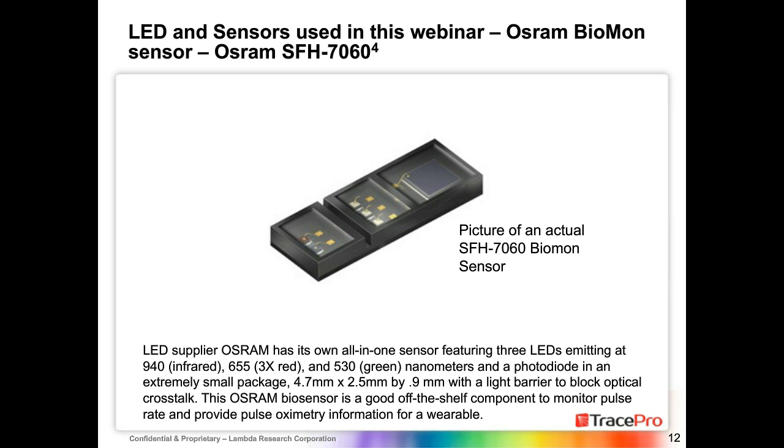There's a set of 3x red. I'm sorry, I said 3x red. There's actually 3x green. That's a thing I wanted to clear up, just so everyone knows. That's about it. If you have any questions or anything else, don't hesitate to email me. I'll be glad to talk to you about this. I'm always interested in finding out more about this particular device and what people are doing with it.